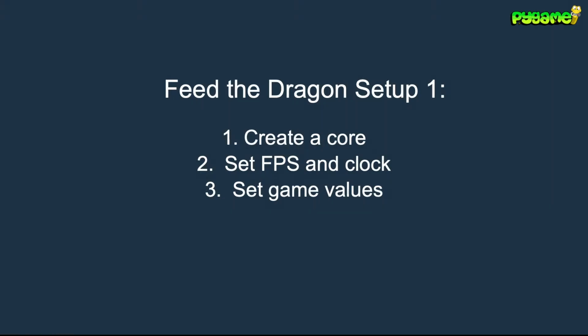I'll split it in two parts. The first part is the setup part, where we download all the stuff that you need to use inside our game: the music, the images, the main game loop, and set the game values. And the last part is where we create the logic of how our game is working.